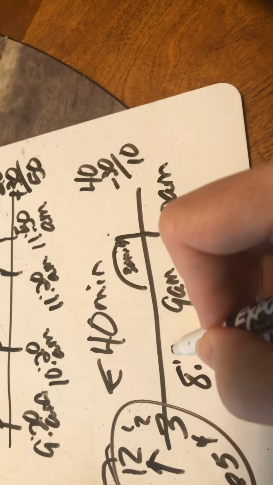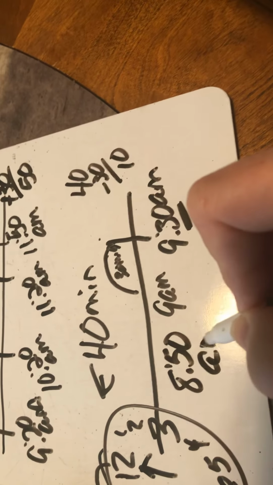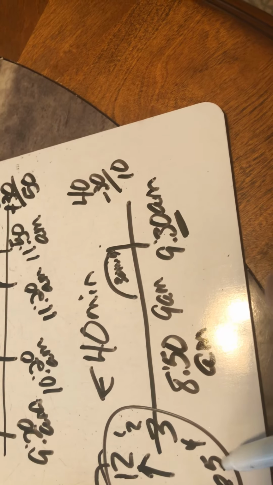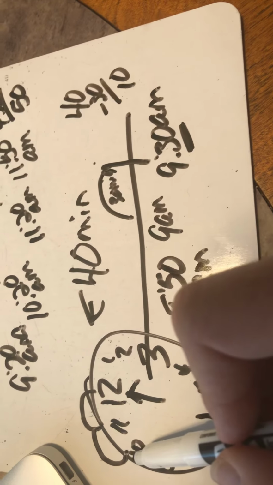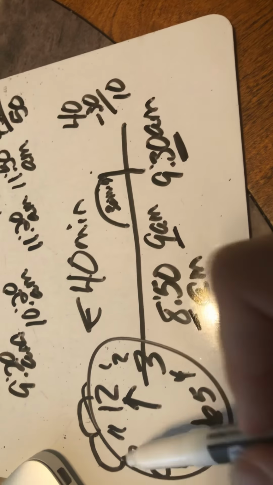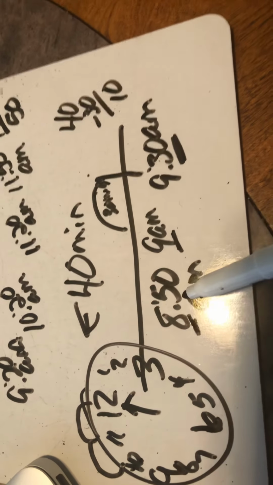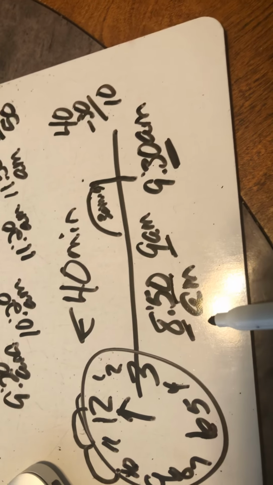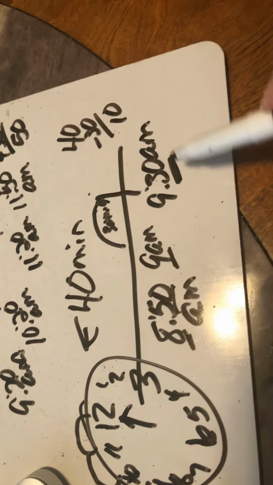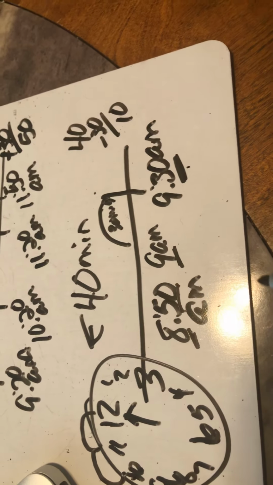So 10 minutes before that would be 8:50 a.m. because 5, 10, 15, 20, 25, 30, 35, 40, 45, 50. And we know it's before 9, so it has to be the 8. If you're at the 10, that's 50 minutes. So the workers had to report at 8:50 a.m. for the store to open at 9:30.